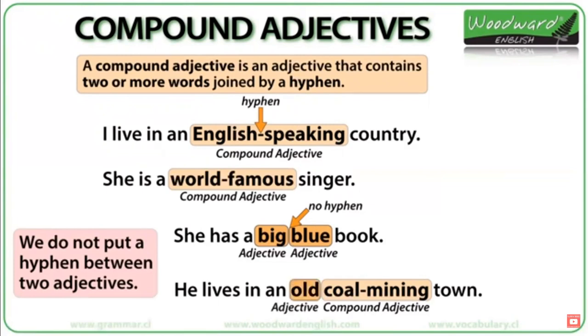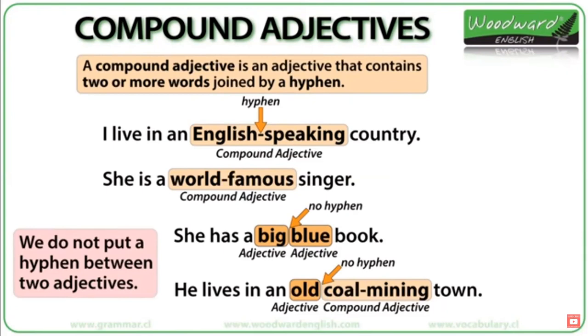But we have also included the adjective old because it is an old town. We didn't put a hyphen between the word old and coal because coal is part of the compound adjective, coal mining. In general, we don't put a hyphen between two adjectives, including if one of those is a compound adjective.